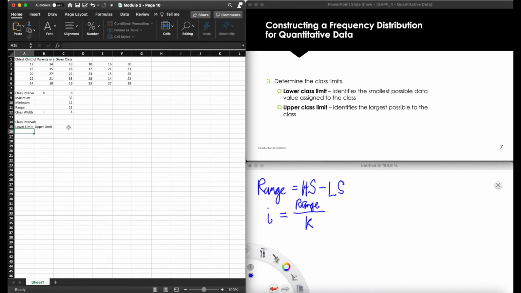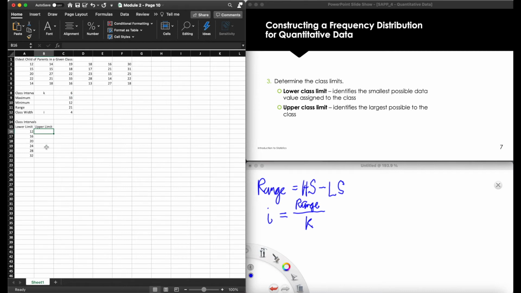Since we know our class width is 4 and the number of classes must be 6, we'll start with the lowest possible, the minimum value. So we'll start with 12, and then we're going to add 4. So 12 plus 4 is 16, then 16 plus 4 is 20, 20 plus 4 is 24, 24 plus 4 is 28, and then we have 32. And then we end there since there are 6 already, as we only need 6 class intervals here.